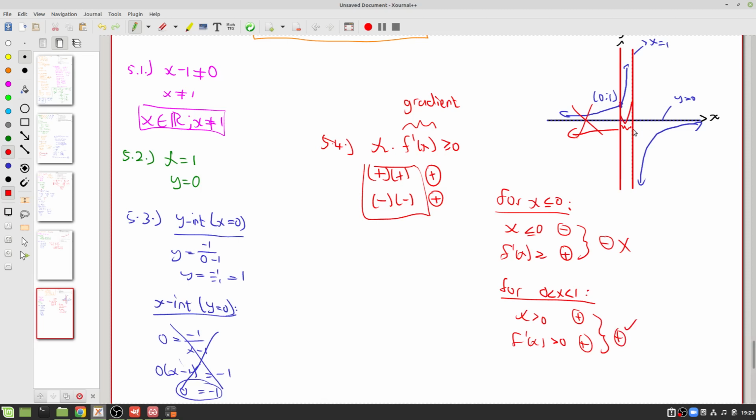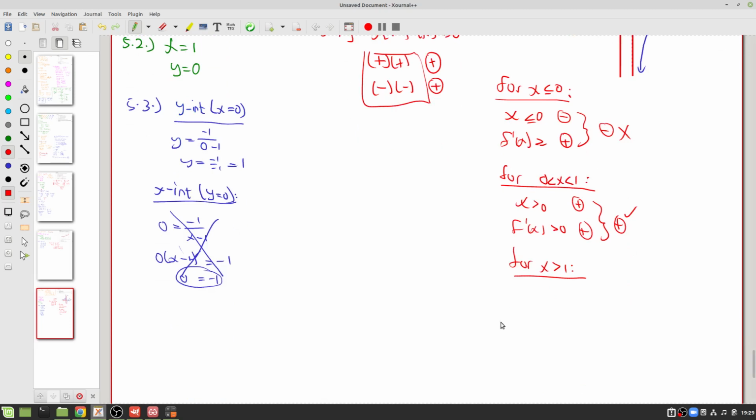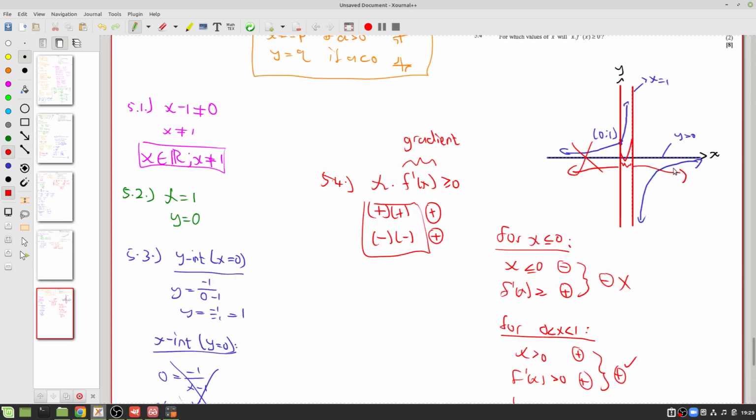And one more section to check, all the values to the right of 1. So for x greater than 1, what do we have there? Obviously for x greater than 1, x is positive, right? So x is positive. What about the gradient? Let me just write down the gradient. So the gradient over here, as we read the graph from left to right, is also increasing, right?